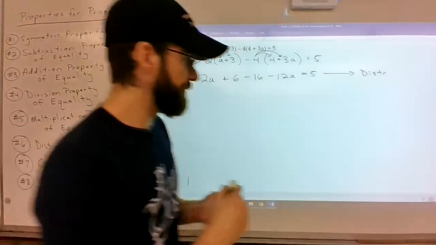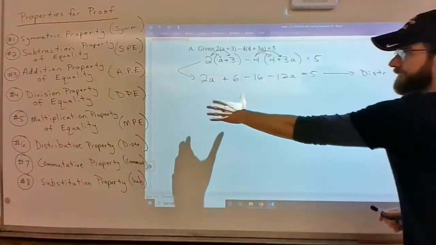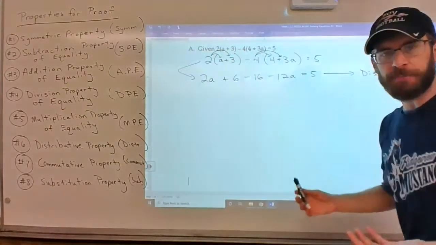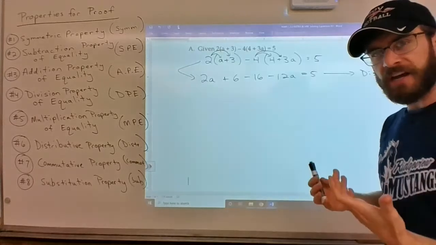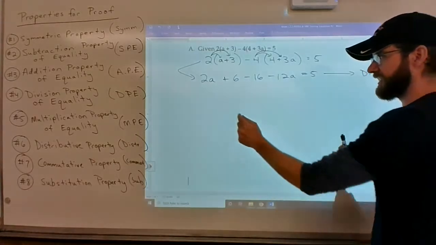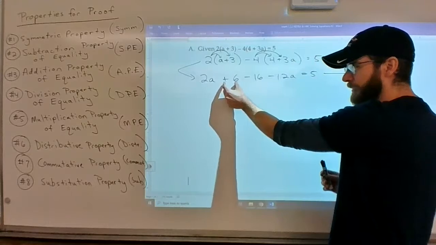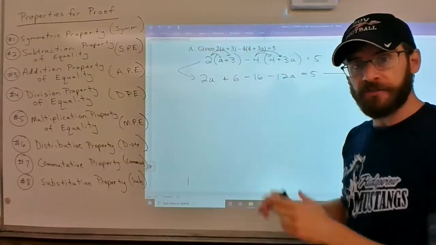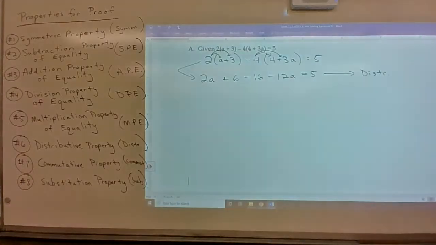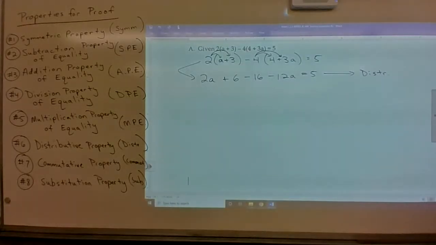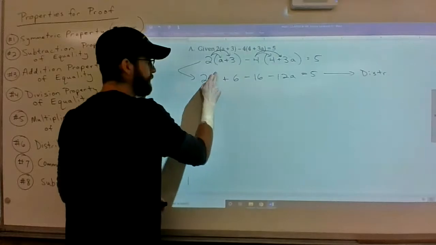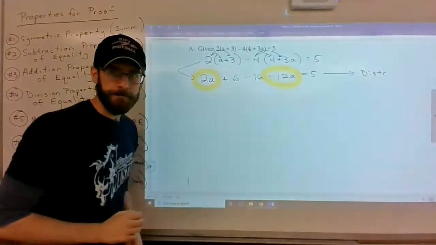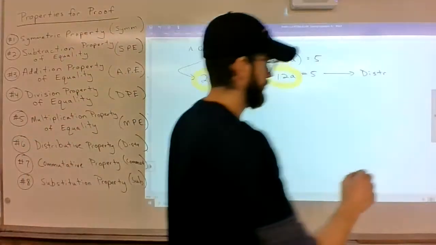Now the next move is we have to simplify this expression on the left so it looks kind of like the problems we did on the first one. If you got a good sense for how to solve equations where it was like an a term plus or minus a constant equals a number, then that's what we want to create on the left-hand side. So I'm going to do a little highlighting here. I'm going to say I want to bring the positive 2a and the negative 12a together. Okay?